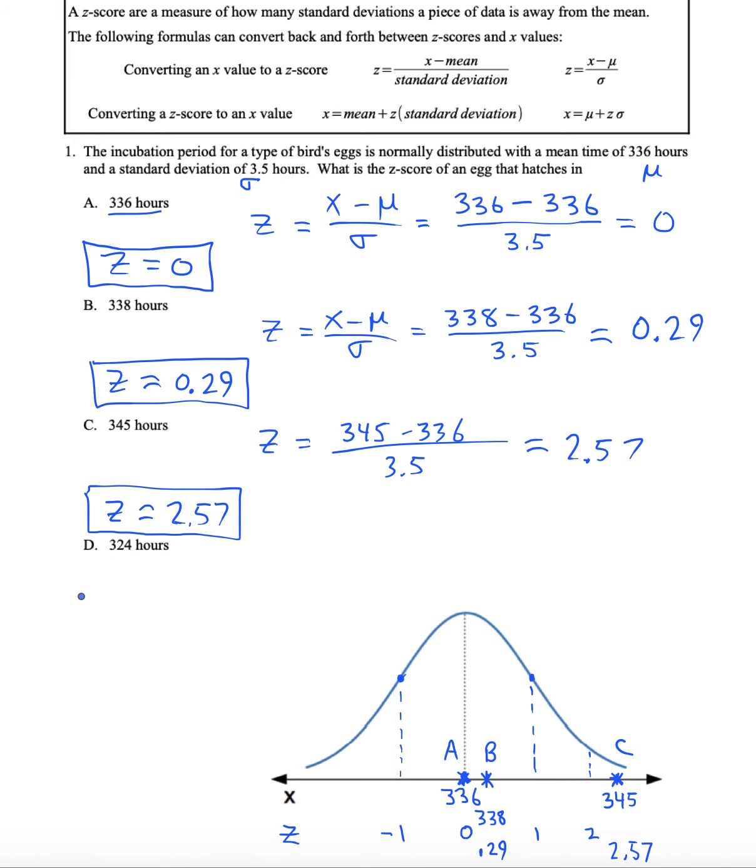Okay, lastly, 324 hours, way below average. So this egg hatched early. It's got a score of negative 3.43.